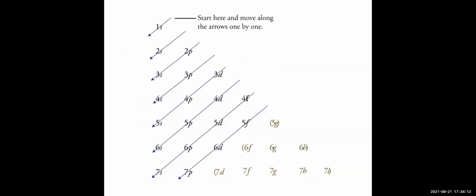Another way that you can do it is to use this diagram, where what you do is you draw this like on graph paper. So each of these has to be equally spaced apart from each other, both up, down, left, right. So you list your s's here, your p's here, your d's here.